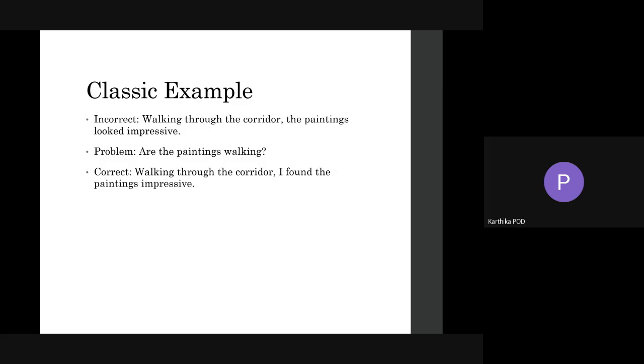And suddenly, even without the subject, or putting it elsewhere, it sounds all right. And this is a reason why even people with some basic fluency of English tend to make this kind of mistake. So the right way would be: walking through the corridor, I found the paintings impressive.